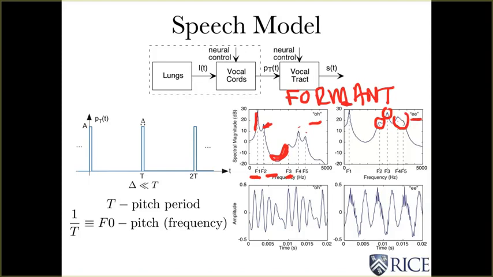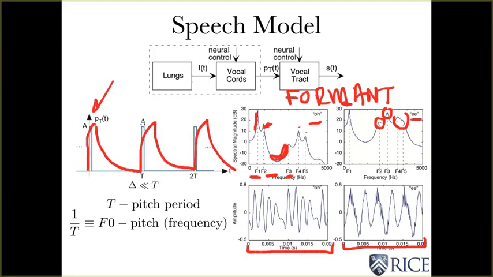Now, if you look in the time domain, things are not quite so clear. Here is a segment of speech corresponding to me saying O, and a segment of speech corresponding to me saying E. Now, what you should recall is back when we talked about sending this periodic pulse sequence through our RC low-pass filter, what we got out was, again, something that was periodic, kind of looked like this.